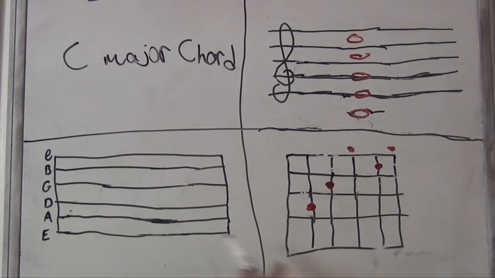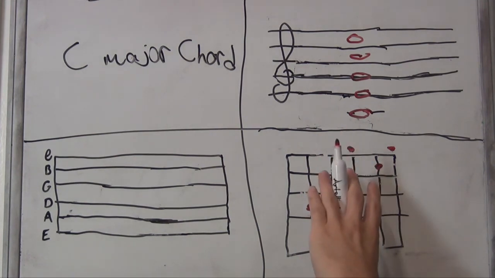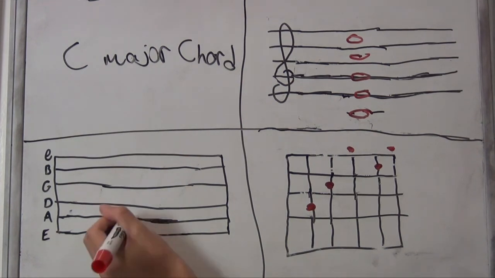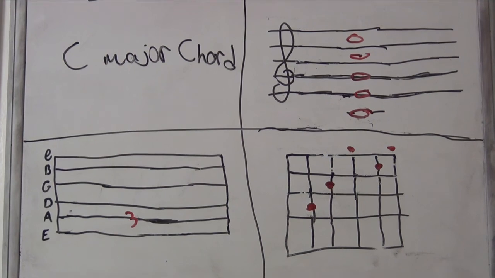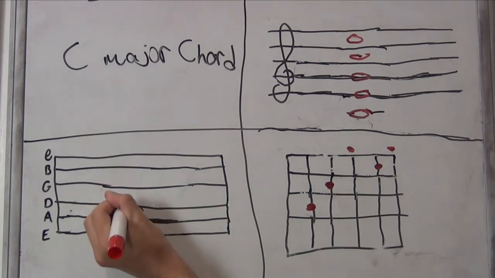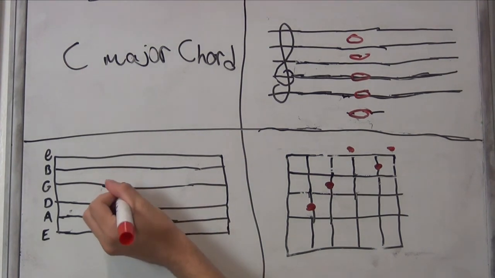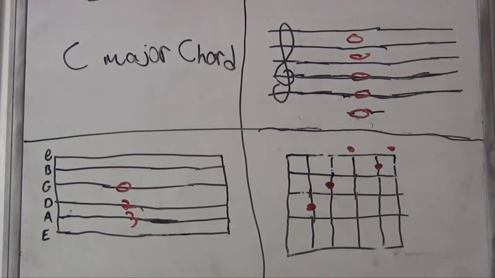Let's do this now with tab. And we can think about it, remember, if we just take this fretboard and tilt it. So for our C on our A string, it's our 3rd fret. For our E, we're on D string, 2nd fret. For our G, that's just open G, 0.